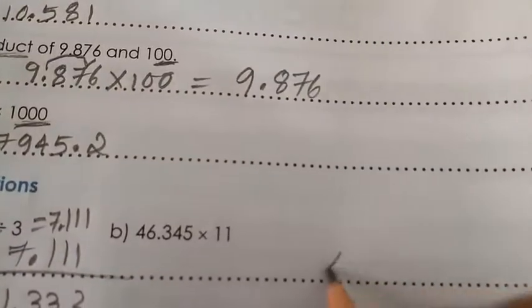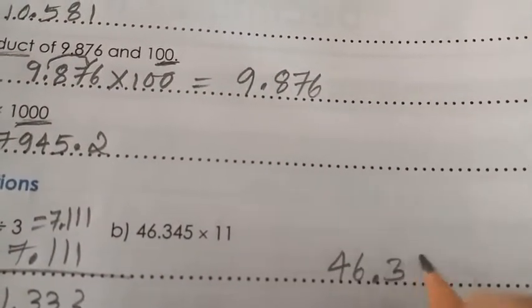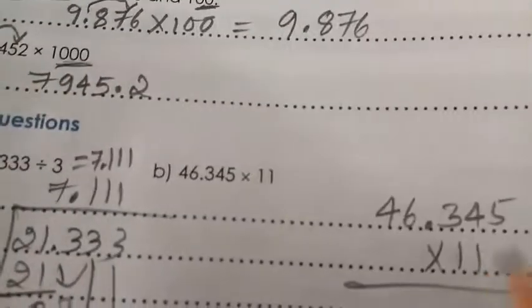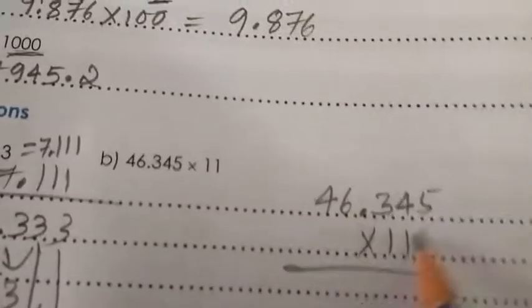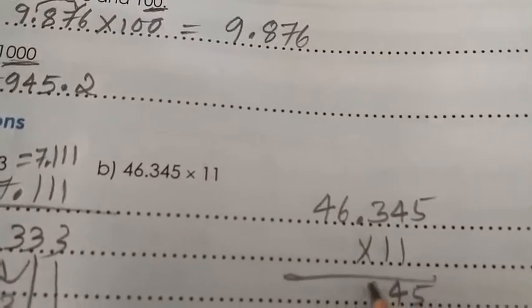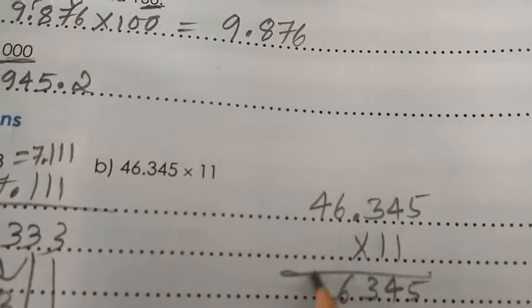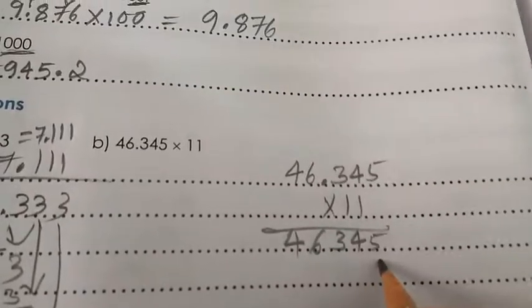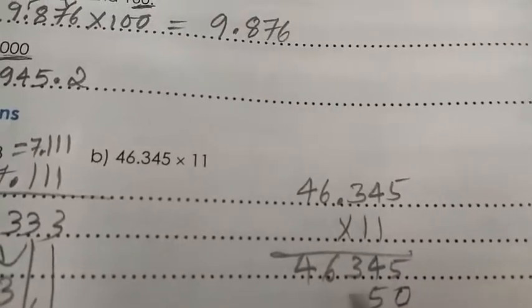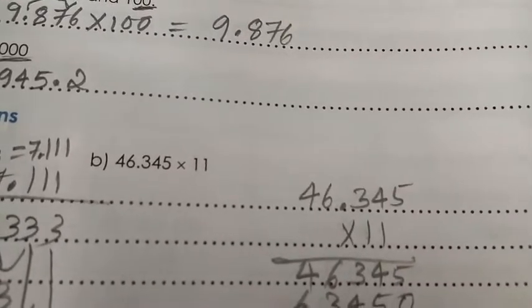Second one, multiplication of 46.345 into 11. So multiply 46.345 into 11. First you should multiply 1 with all the numbers: 1 into 5 is 5, 1 into 4 is 4, 1 into 3 is 3, 1 into 6 is 6, 1 into 4 is 4. Next this one is 0, isn't it? Again 1 into the remaining numbers, 5 4 3 6 4.